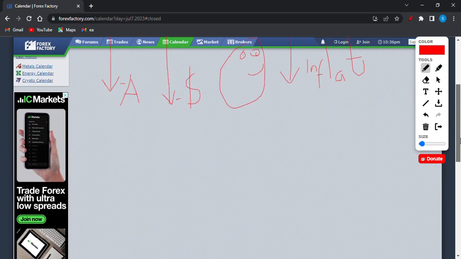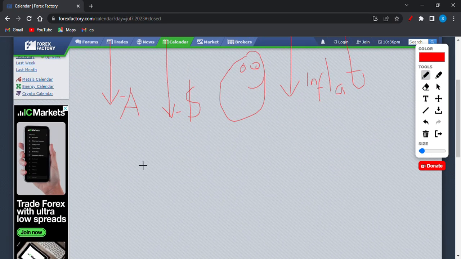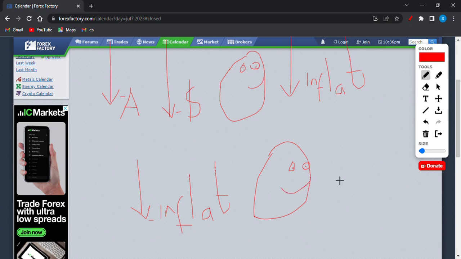With lower inflation, let me put a negative here. We will have even lower interest rates.